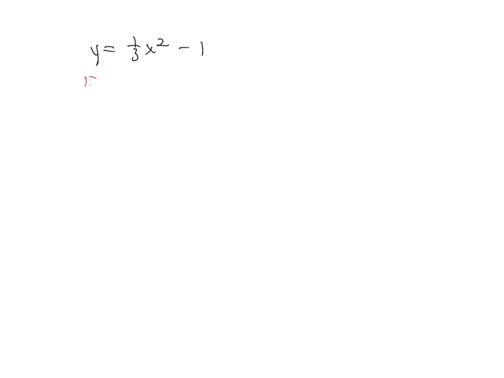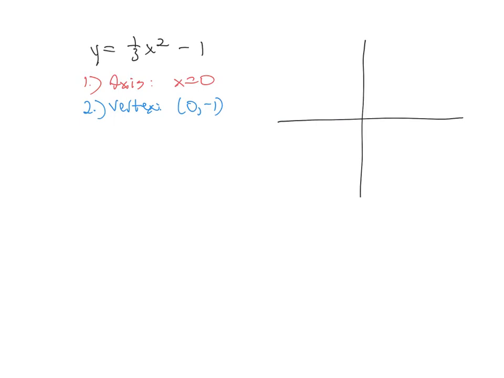So remember, axis of symmetry comes first. There's no b, so it's x equals 0. Vertex, when you plug in 0, all that's 0, so you're left with the number at the end. Zero, -1. And again, the axis is going to go down through the center like that.